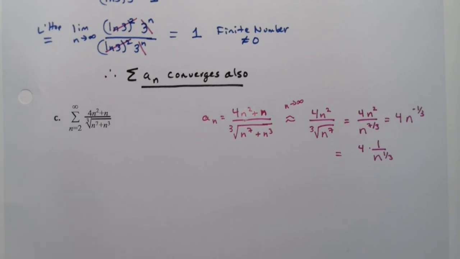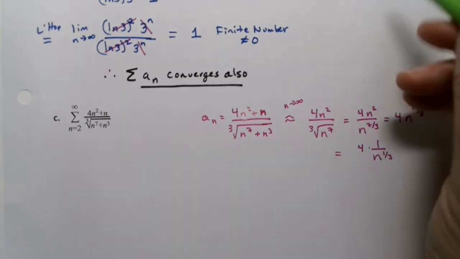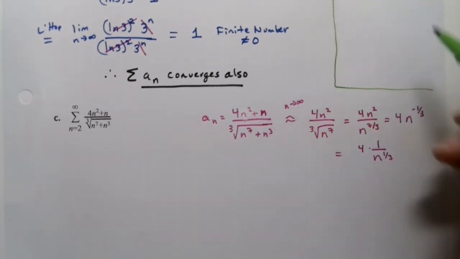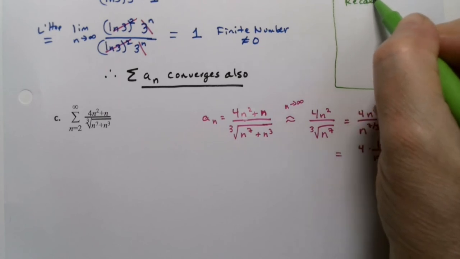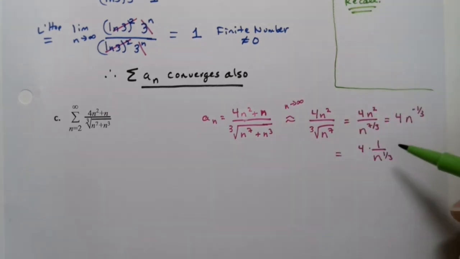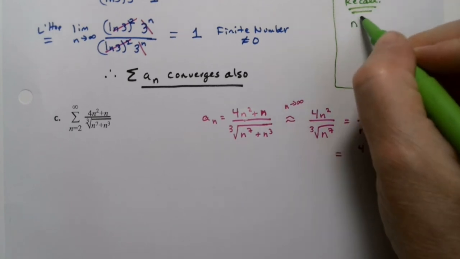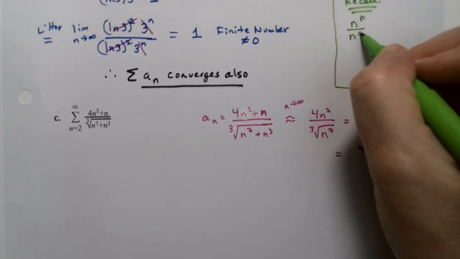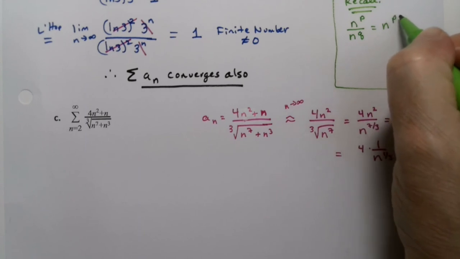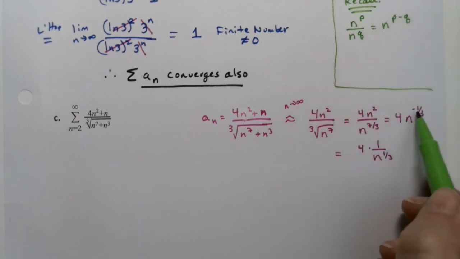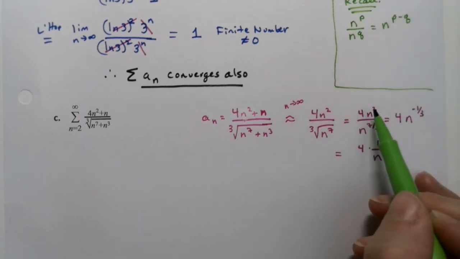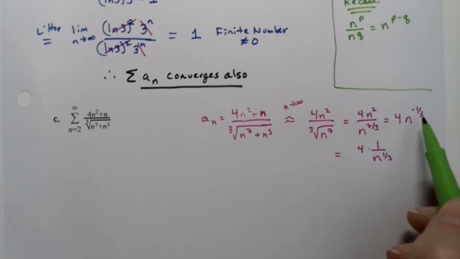All right. A couple things to remind ourselves really quickly of. Let me just kind of throw this in over here. If I have n to the p over n to the q, that's n to the p minus q. So that's where I'm getting the negative 1/3 from, because I'm taking 2 take away 7 thirds, which makes negative 1/3.